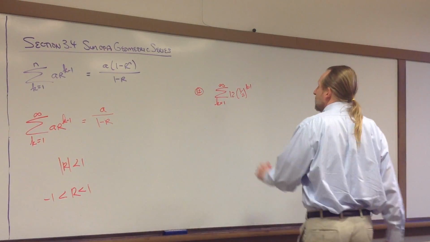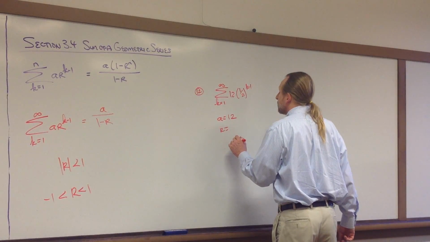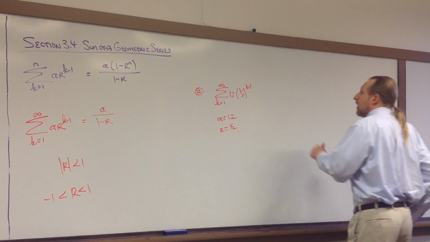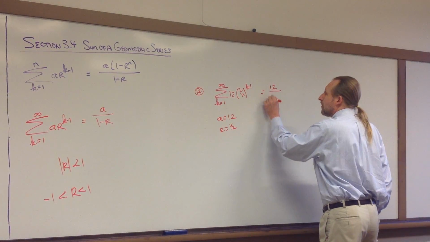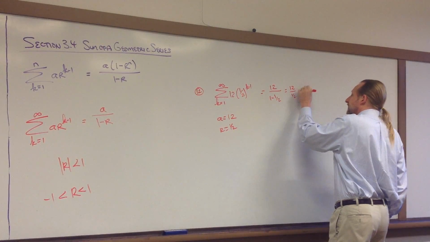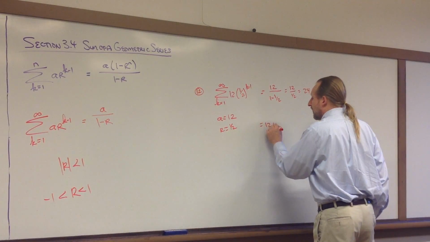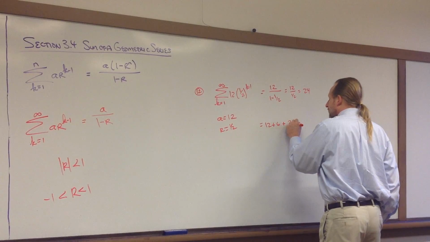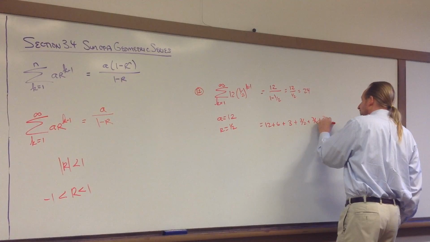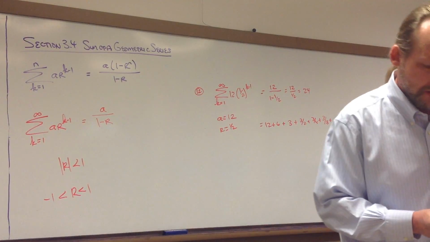A is going to be 12, r is going to be 1/2, and we don't have an n in this formula. So all this is 12 over 1 minus a half, which gives us 24. And this series would look like 12, 6, 3, 3 halves, 3 fourths, 3 eighths, and so on.